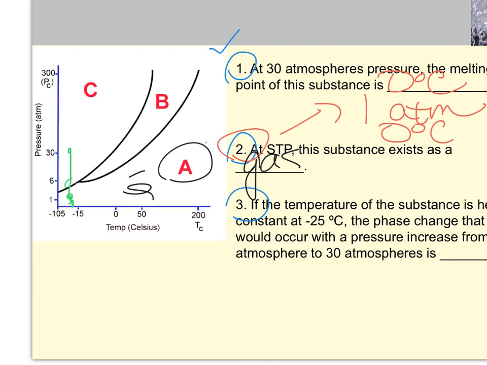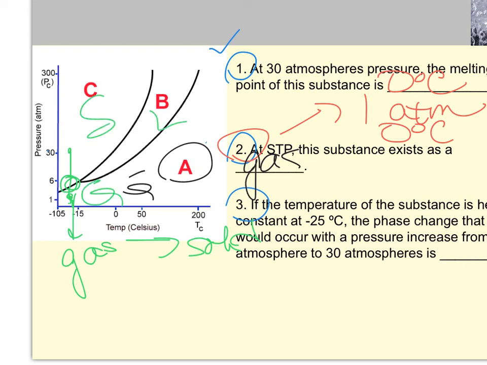What phase change did we undergo? Well, we went from a gas to a solid. Remember, this section is gas, this is solid. So what phase change is that called? A gas to a solid is called deposition.